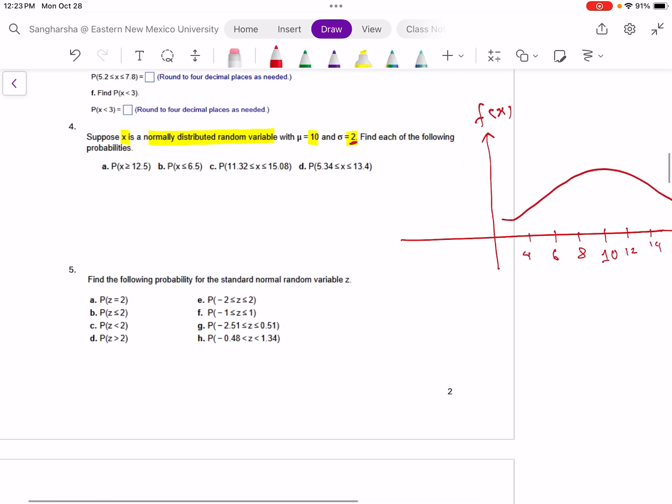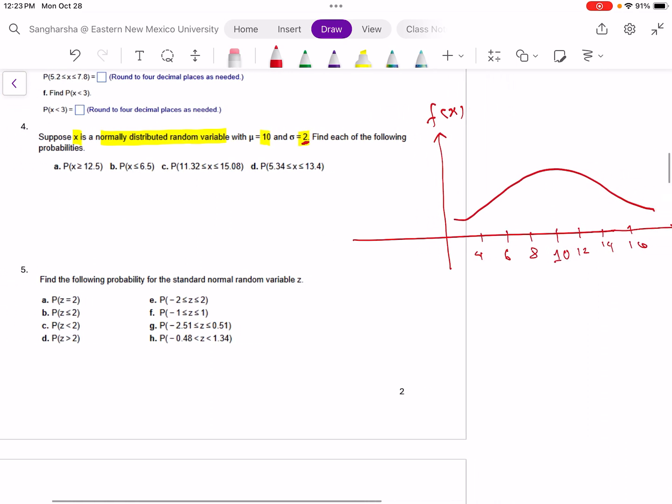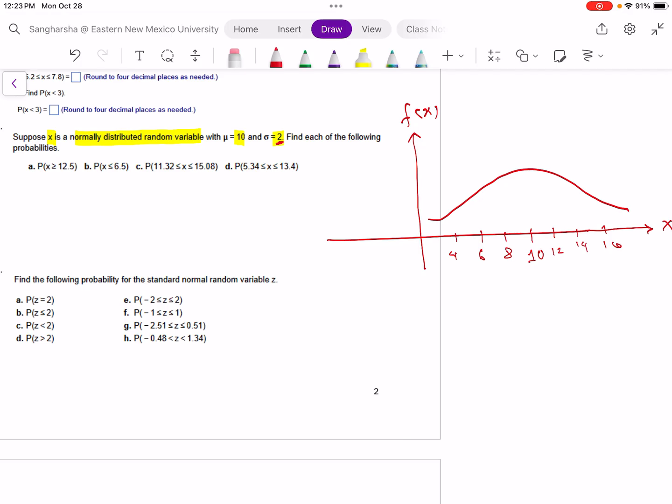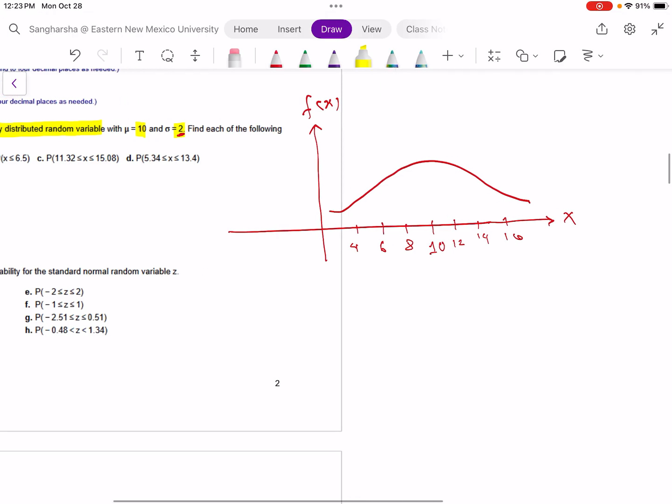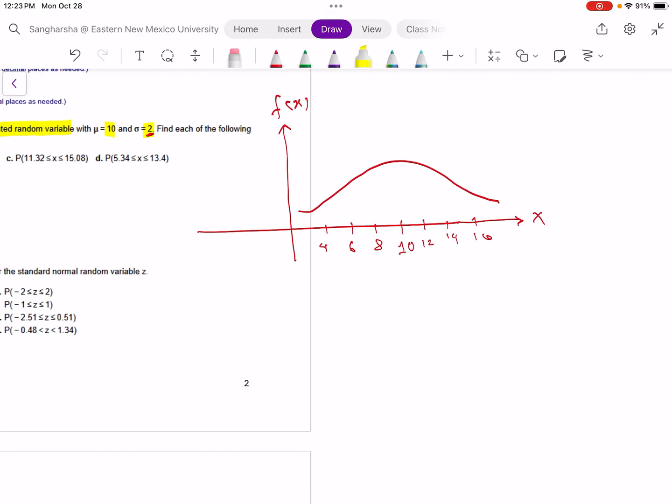Now let's see what we are asked here. We are asked to find the probability that x is greater than or equal to 12.5. Now where is 12.5? That's our target here. This is 12, so this point is 12.5.